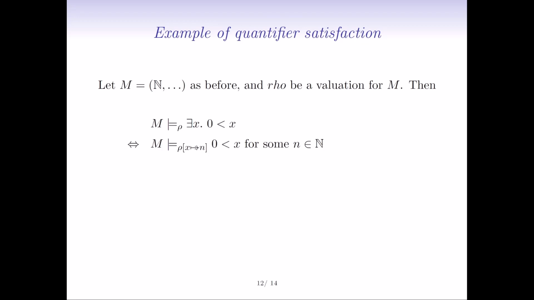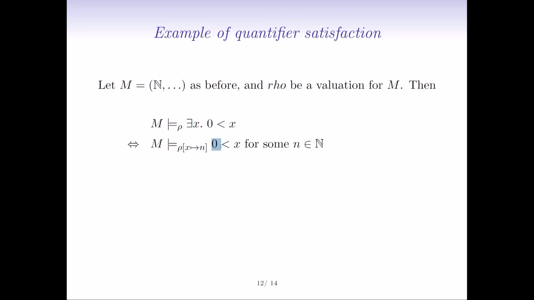So by applying the clause for existential quantification on the previous slide, M and rho satisfy exists x such that 0 is less than x, if and only if M and rho with x updated to n satisfy the body of the formula 0 is less than x for some element in the domain. So in other words, for some natural number n.